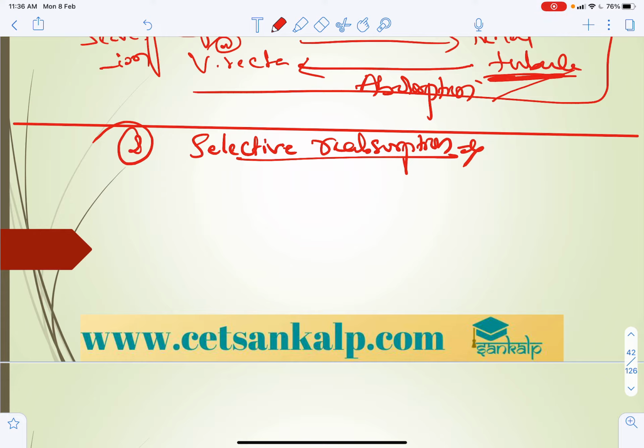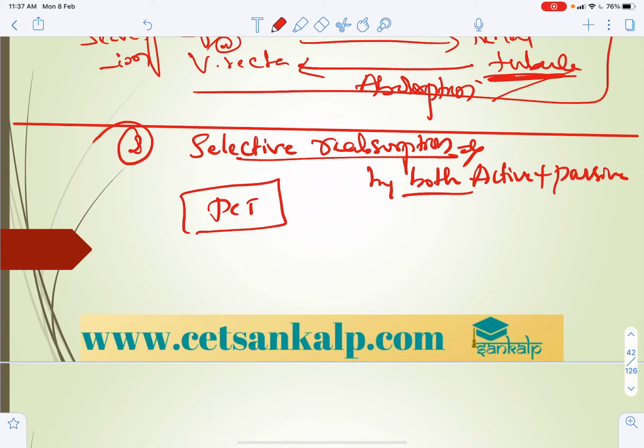it occurs by means of both active and passive processes. The absorption that takes place here is mainly in the PCT, where the majority of reabsorption takes place.